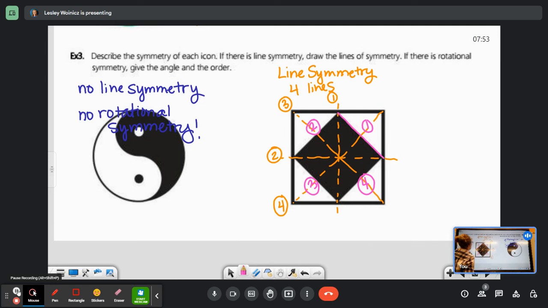So we do have rotational symmetry. Our angle is 90 degrees, and the order is 4.